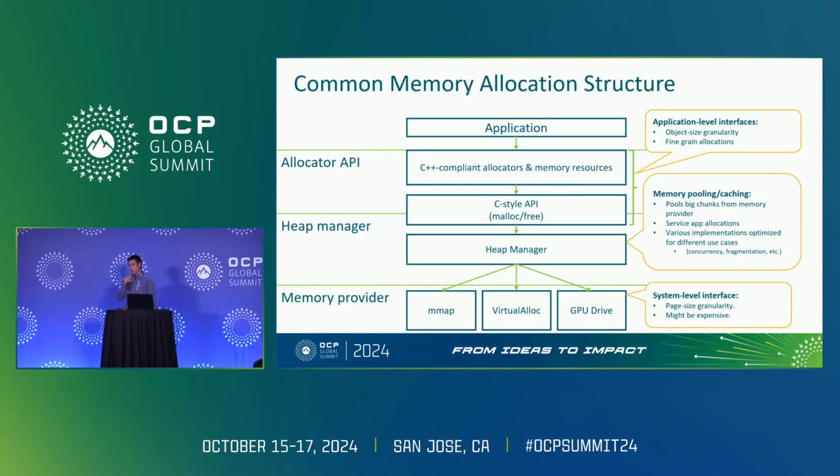So for example, if you're using malloc, you will use the implementation that is available on that particular system. It will be different on Linux or on Windows, for example. And all of this, basically the entire thing below the malloc and free box on this slide, is a black box from the application perspective. There's no easy way to influence, for example, what type of memory will be allocated by that API.